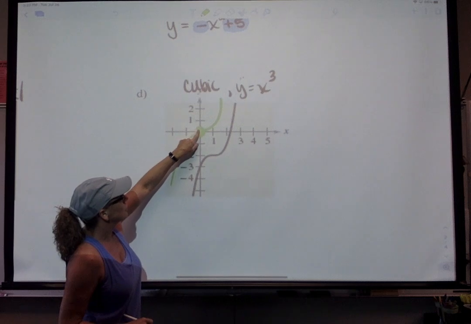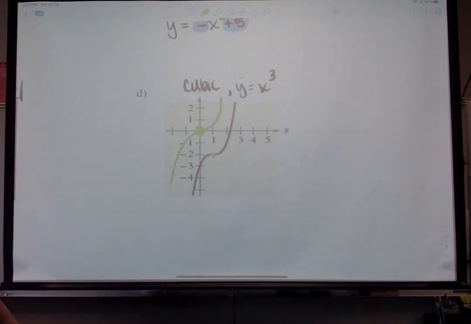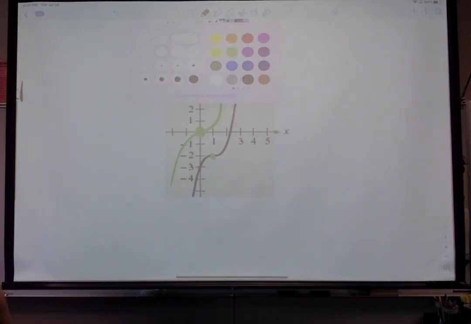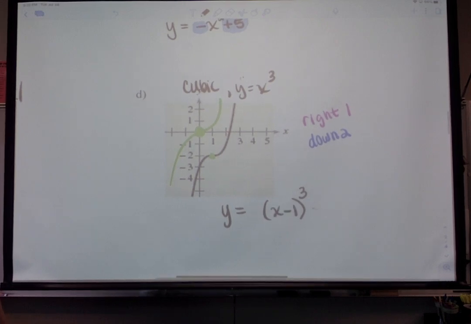Just how did the vertex get from the origin to here? Well, I think it went right 1. And I think it went down 2. Y equals right 1, down 2.